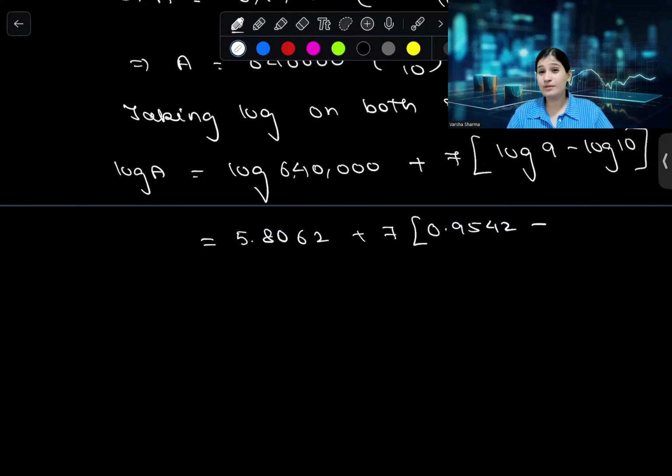What is the log 10 value? It is 1. Subtract.